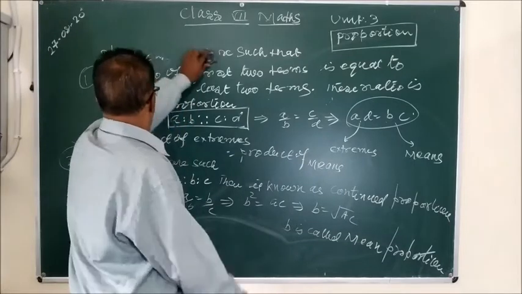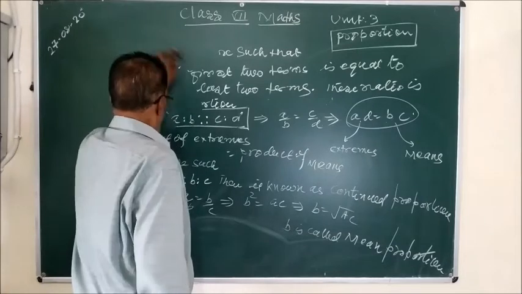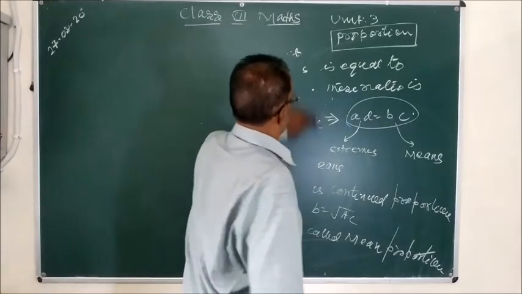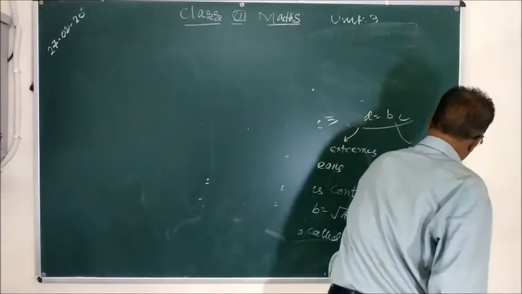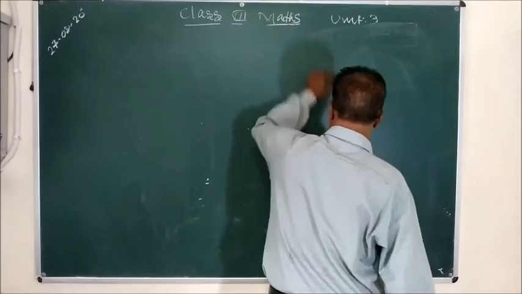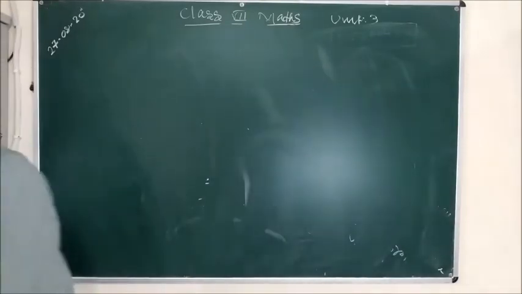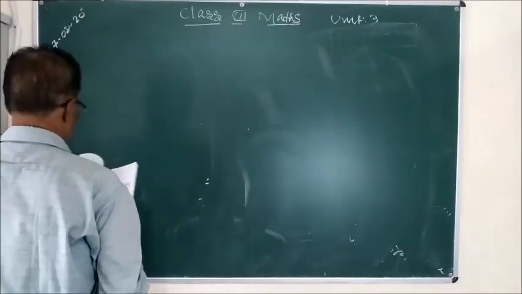So I explained ratio yesterday or a couple of days ago, but today I have explained proportion. Now I will explain a few questions. How can you solve the exercise? The chapter is ratio and proportion.